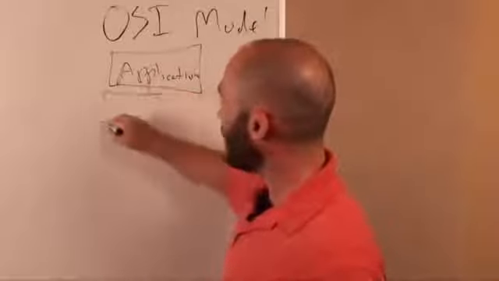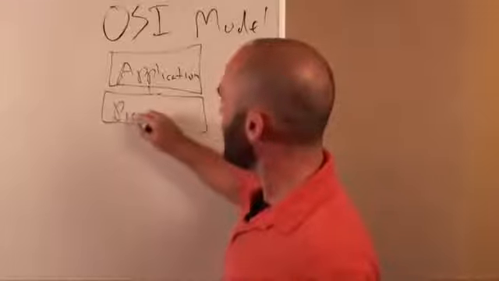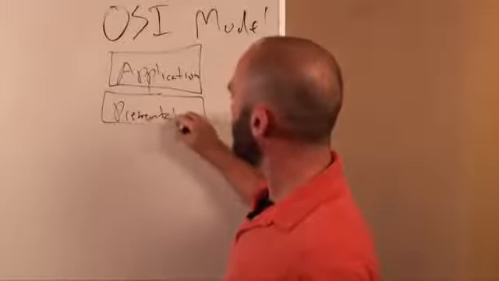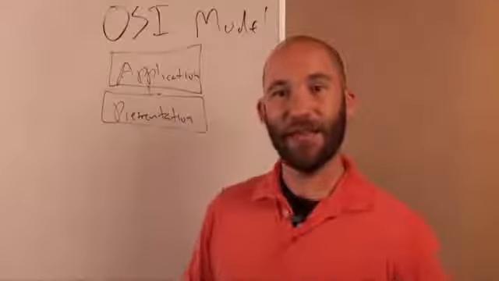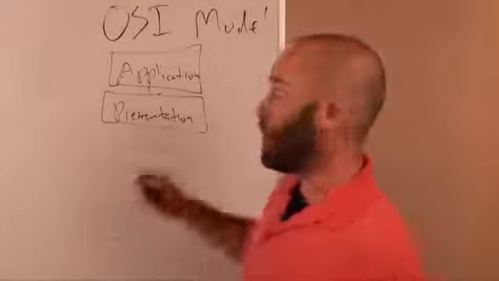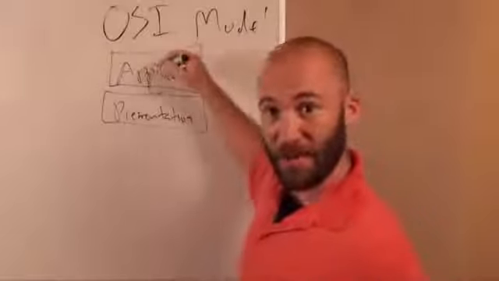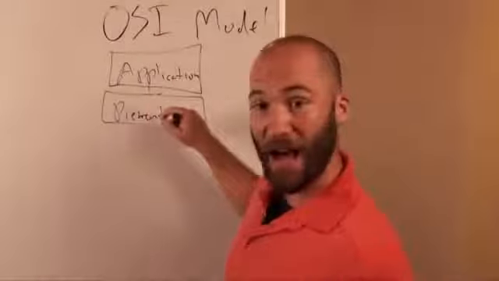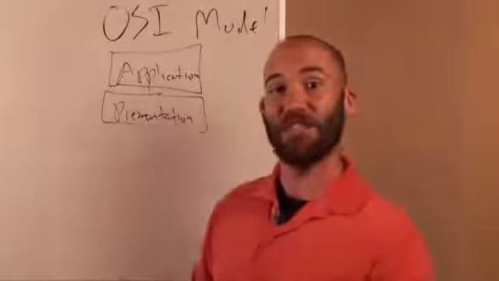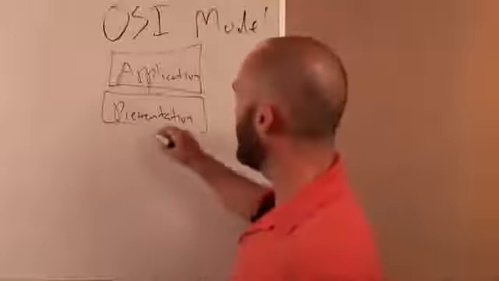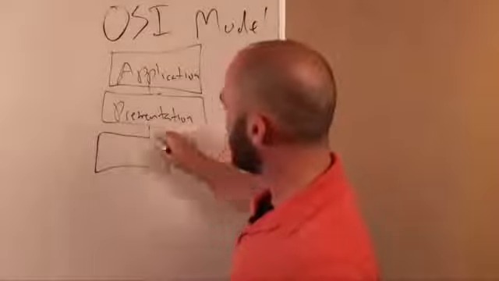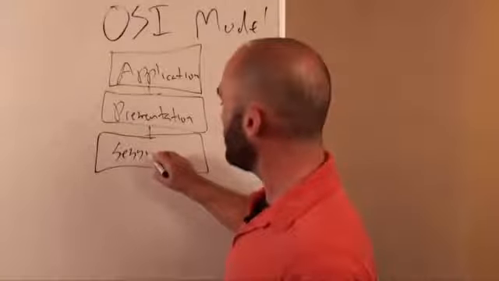Underneath that is what's called the presentation layer. This layer is basically the layer that the operating system is on. So you interact with the application layer. That sends information down to the presentation layer, which is generally, like I say, the layer that the operating system works on. Underneath the presentation layer, you have what's called the session layer.